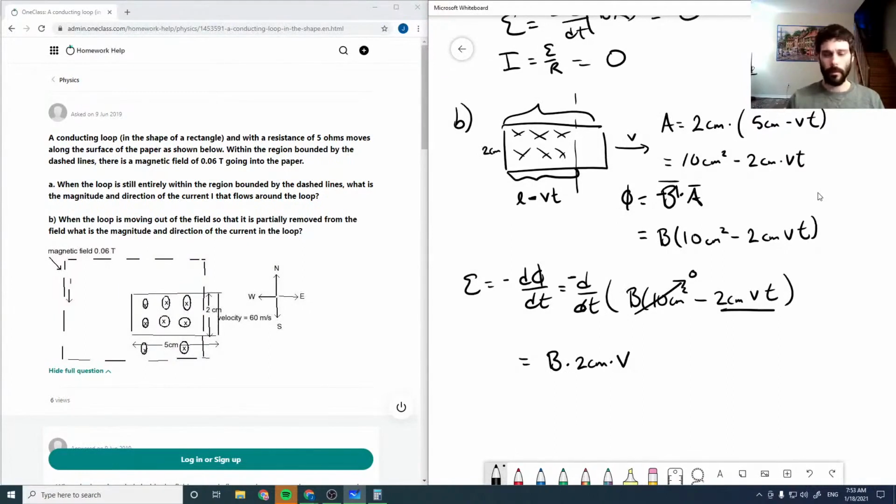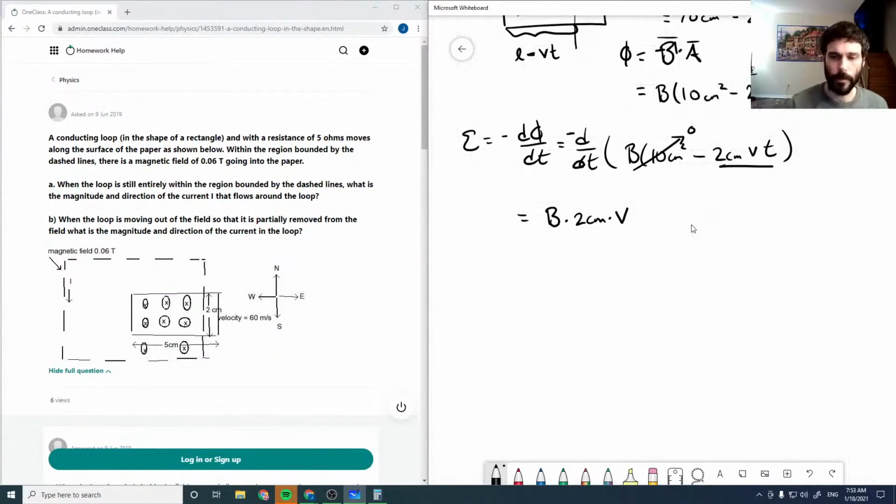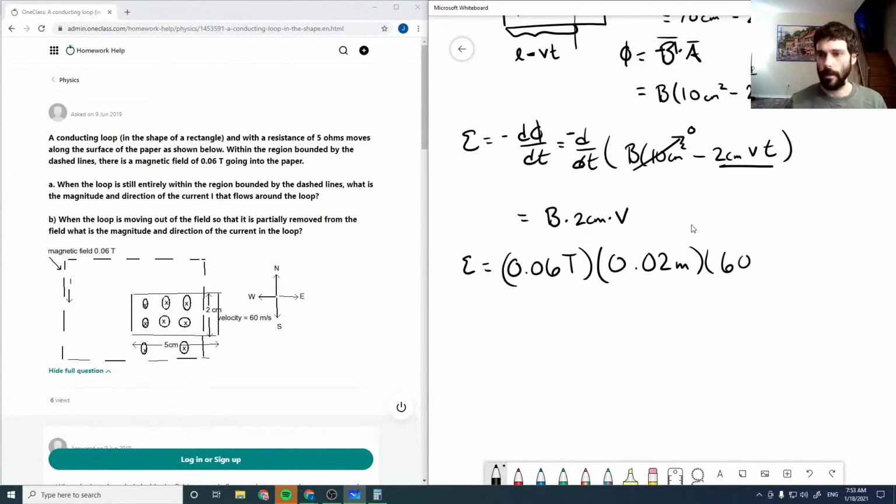And we can actually calculate our value now. So our EMF is going to be 0.06 Tesla. We can convert our 2 centimeters to meters, so 0.02 meters times our velocity, which is given in the question as 60 meters per second.